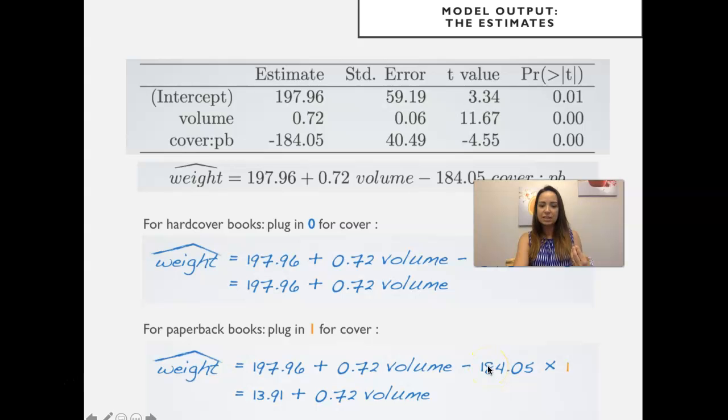We subtract this from the intercept, so we have a different line to predict weight for paperback covers, where the intercept is smaller, plus the same slope. So we'll have 2 regression lines in this case, because one of the variables is categorical. We fit a different line for each cover type: 1 line for paperback, 1 line for hardcover.